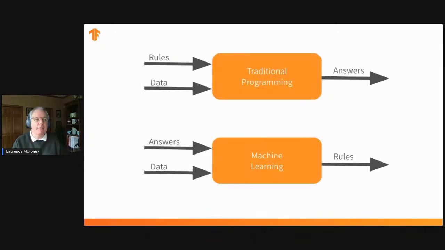diagram for a second and say, well, can I apply machine learning to this? Instead of me trying to figure out the rules, because the rules are just too difficult to figure out, what if I figure out the answers and data and then somehow have a computer figure out what the rules are?